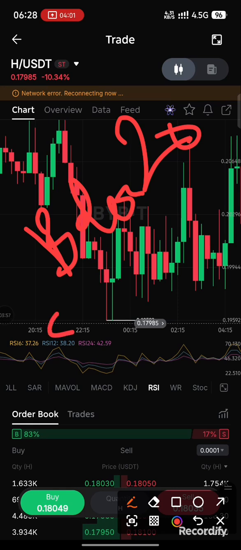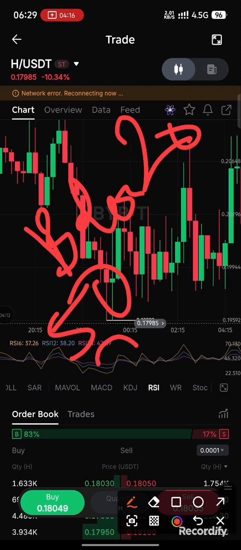When you see the RSI at 50, it means it's on a neutral movement, but it can later go up or come down, so you must be very attentive.